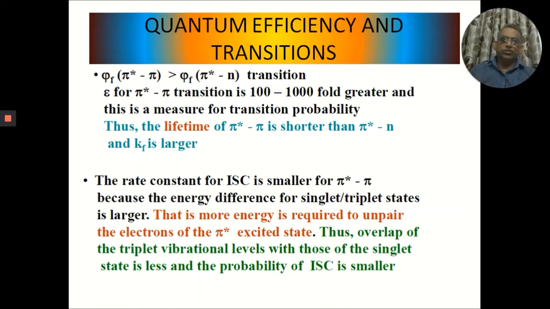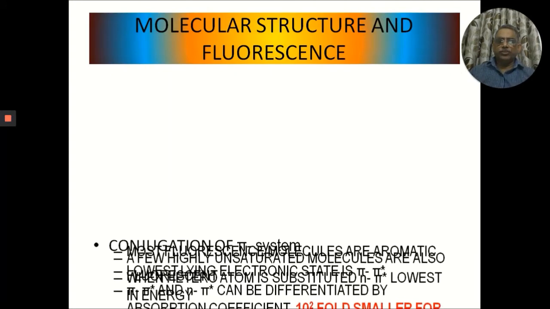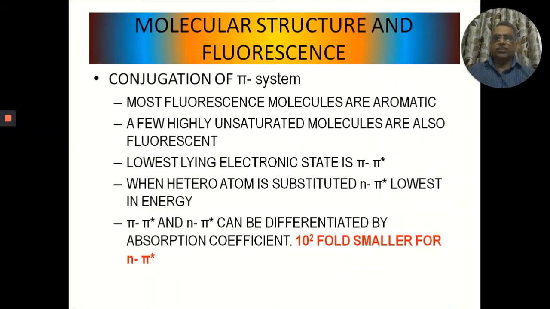So now looking at the structural features, when you have the pi system among the pi orbitals that you see, most of the fluorescent molecules that you observe are aromatic in nature, but there are a few highly unsaturated molecules also known to be fluorescent.